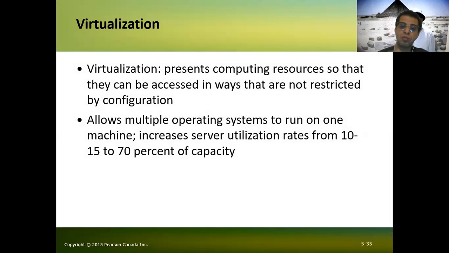So it allows multiple operating systems to run on one machine, which has increased server utilization from 10 to 15% to 30% of the capacity, because there is no configuration, so there is no small programming here and there.